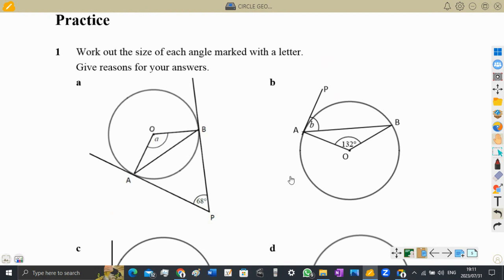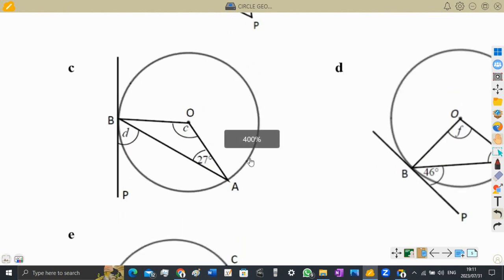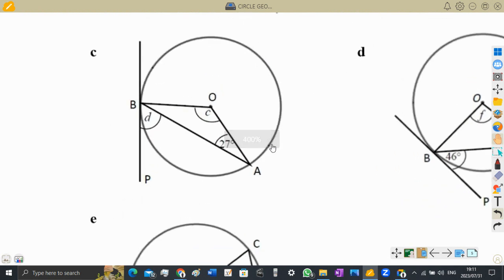I want us to see this one, given on part C. In this diagram we have a tangent, a line that is just touching the circumference of a circle. So the angle D is the angle between the tangent and the chord.